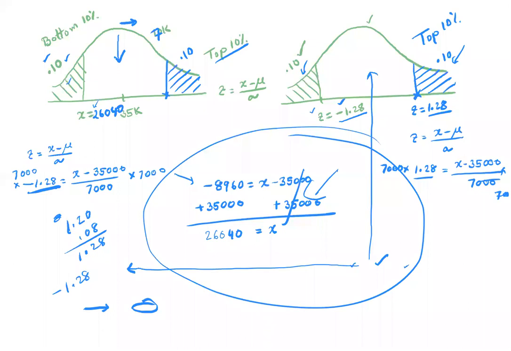These cancel out. On the left, I'm going to get 8960. On the right, I'm going to get X minus 35,000. You add 35,000. That's going to give you 35,000 plus 8960 is equal to 43,960.